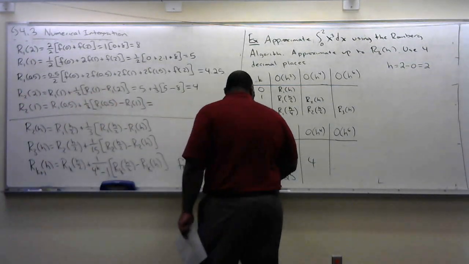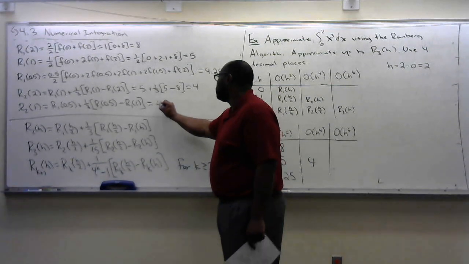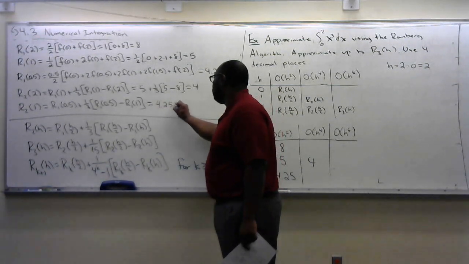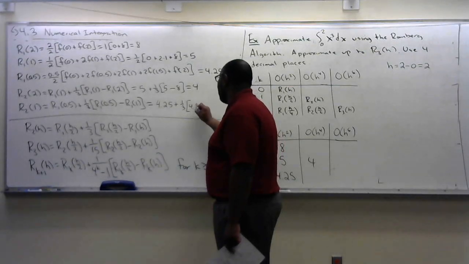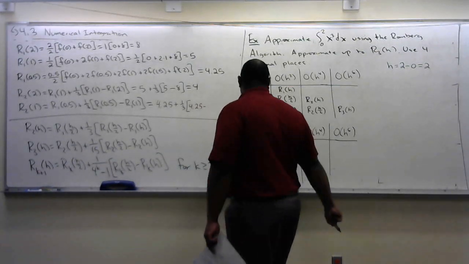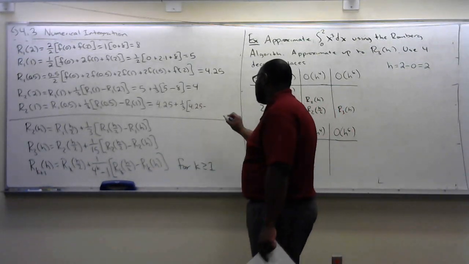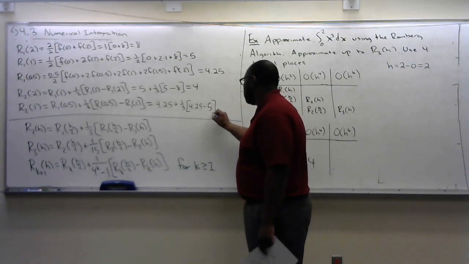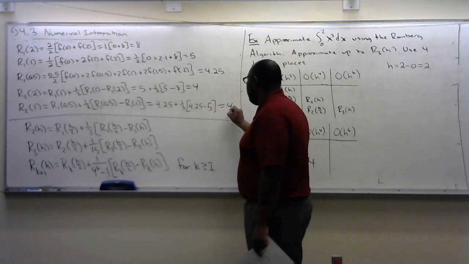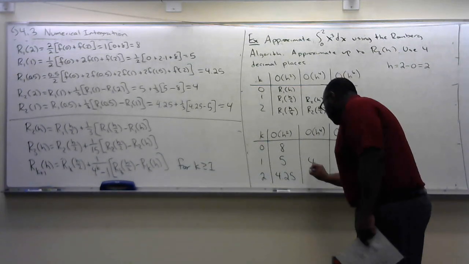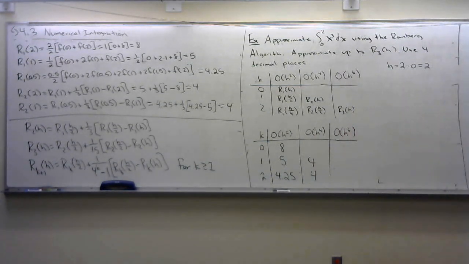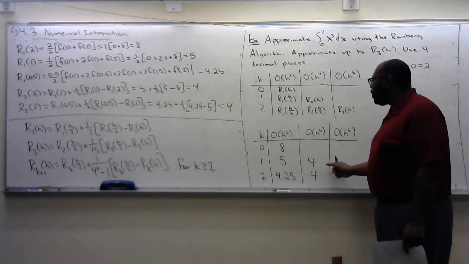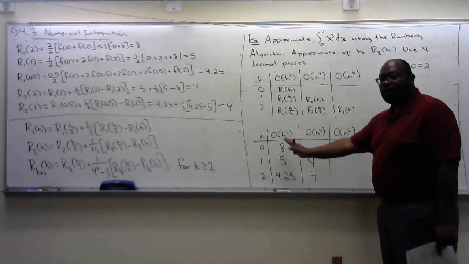So that's going to be 4.25 plus 1/3 of the quantity 4.25 minus 5. And you know what I got? I got 4. Huh, 4 it is. Now notice that these approximations should be better than the approximations we had in the first column.